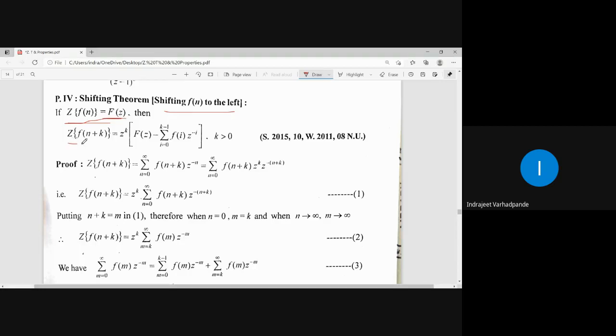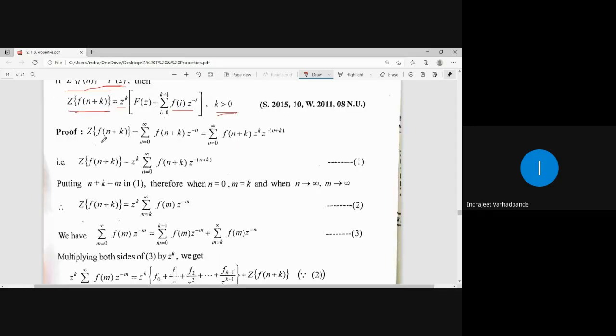Then Z of f of n plus k is to be written as z to the power k F of z minus the summation over i equals 0 to k minus 1 of f of i into z to the power minus i, where k is greater than 0. Now Z of f of n plus k, by definition, is equal to the summation of f of n plus k into z to the power minus n.